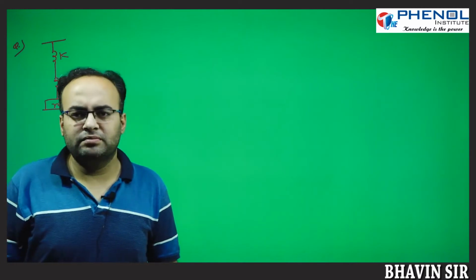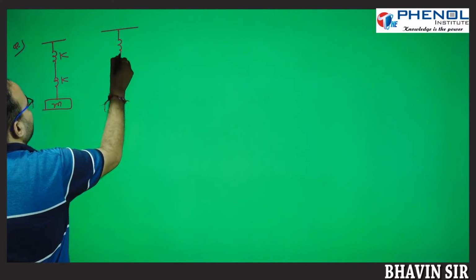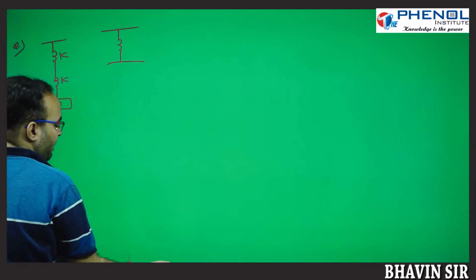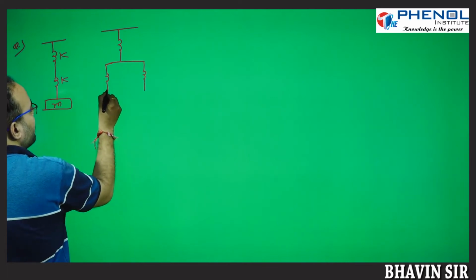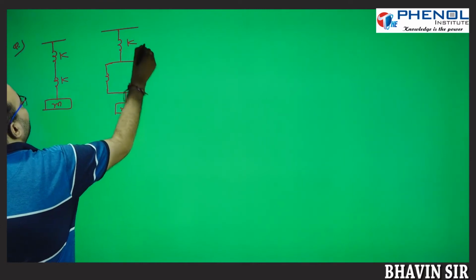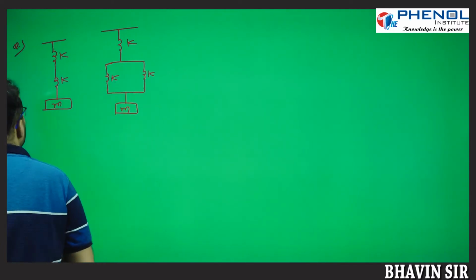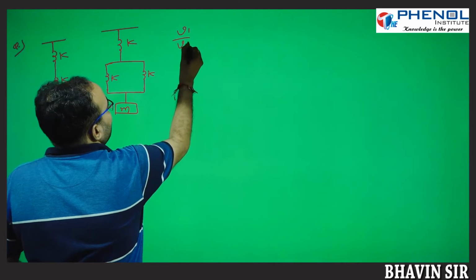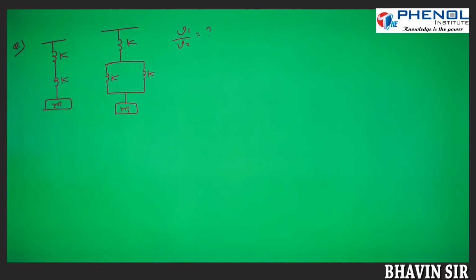Suppose two springs are there, both connected in series. Now we want to find the frequency of oscillation in the two cases.